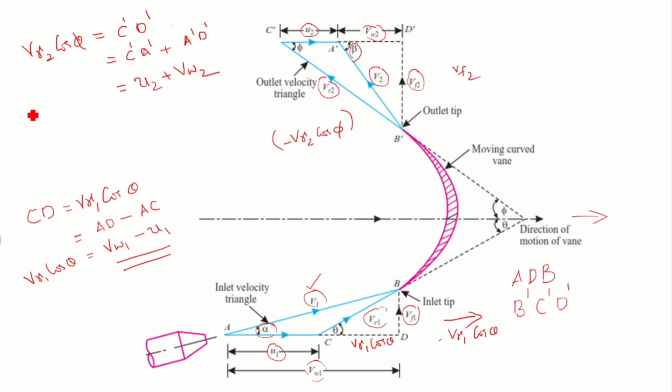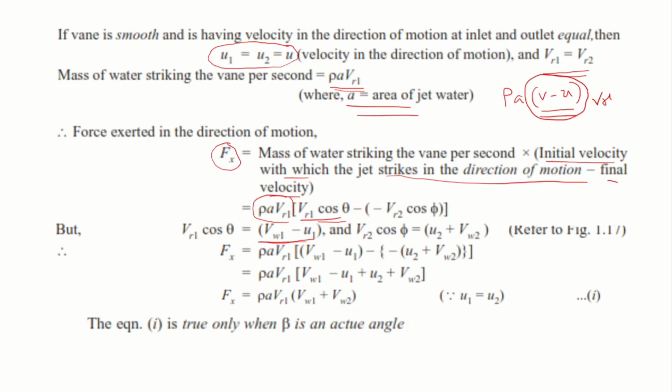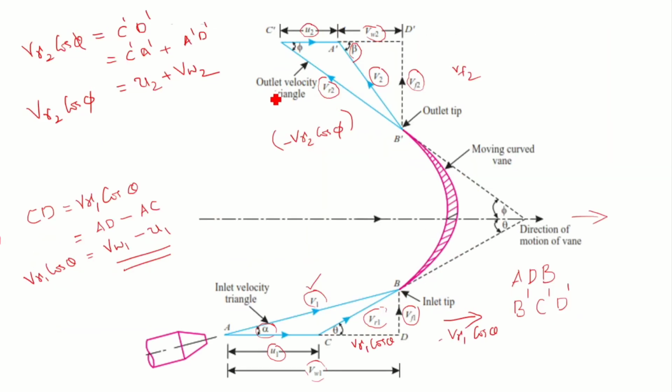So VR2 cos phi is equal to U2 plus VW2, sorry, not minus.